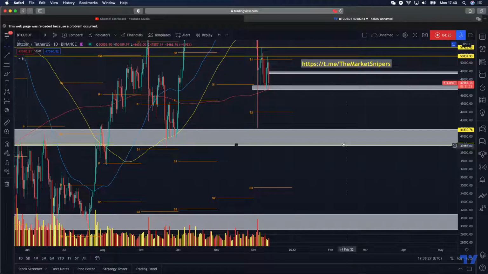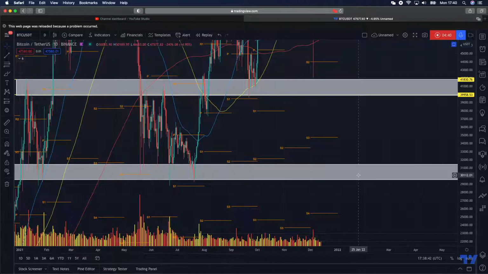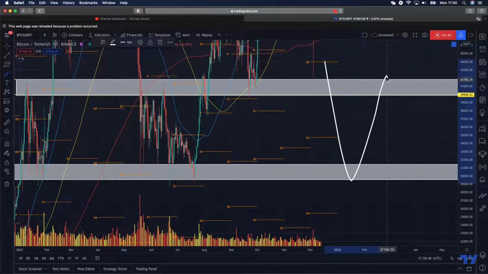If we don't see that, and we see just a straight breakthrough and a close beneath here, then it's a huge short all the way down to this next key level over here, where hopefully we can see a bounce. So break, bounce, and a test of this level here, and then a continuation down.